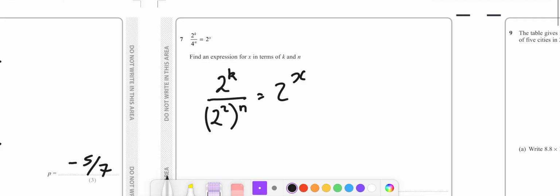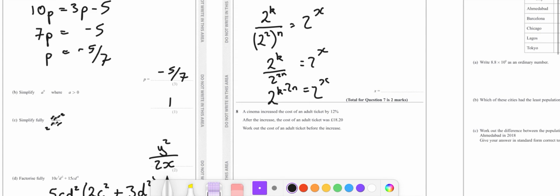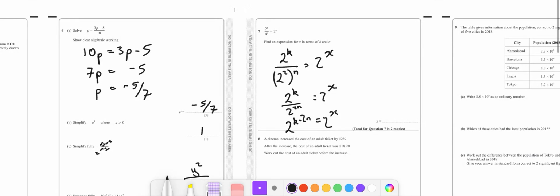So we then know that this is 2 to the k over 2 to the 2n equals 2 to the x, and we know that there we just subtract, so we get 2 to the k minus 2n equals 2 to the x. So find the expression for x in terms of k and n, so we know that if those are true, then x must just equal k minus 2n.